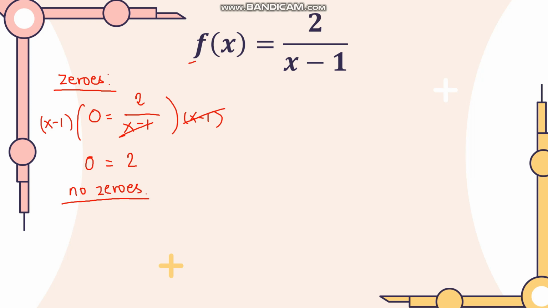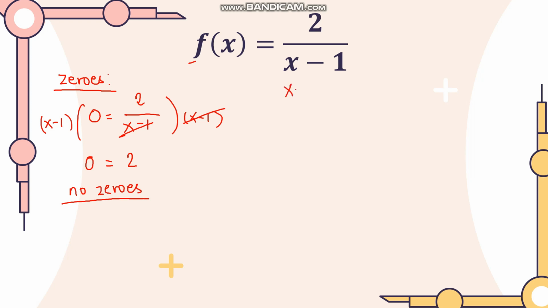Meaning there is no value of x that when you substitute into this function will give us an output equal to 0. So if your solution becomes like this, that means there are no zeros. This function doesn't have any zero because there's no value of x that will give us an output equal to 0.